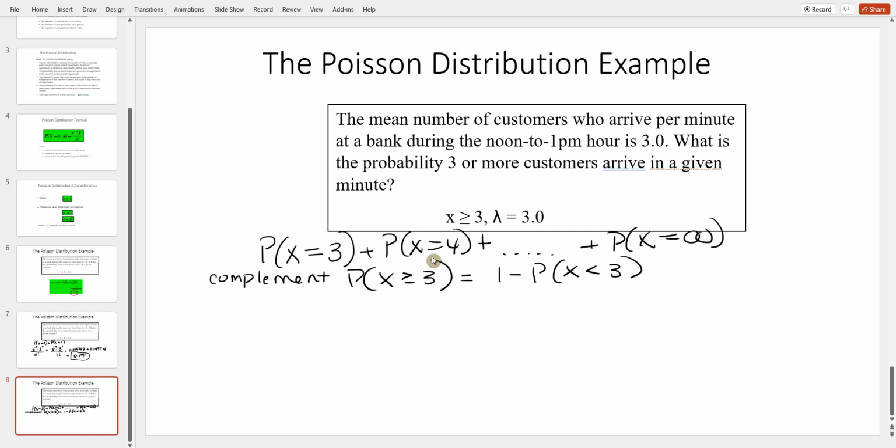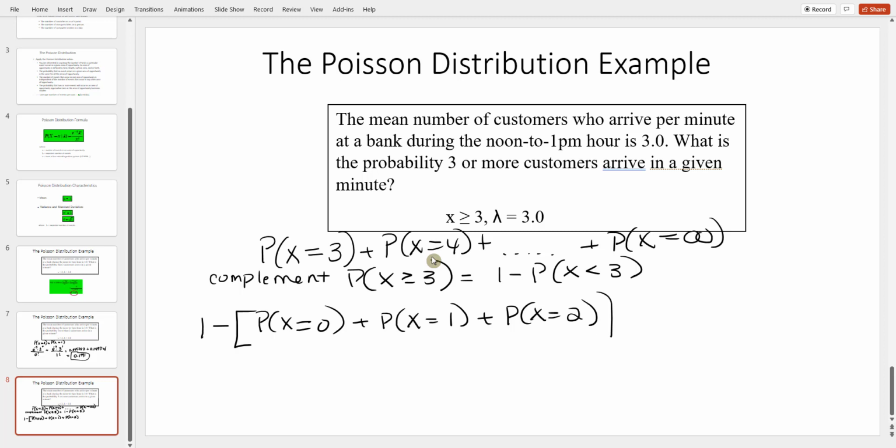So to do this, this will be 1 minus the probability x is equal to 0 plus the probability that x is equal to 1 plus the probability that x is equal to 2. We do not include the 3 because it's less than 3. So we've already calculated it for 0 and 1. So I'm just going to go ahead and put these numbers in.